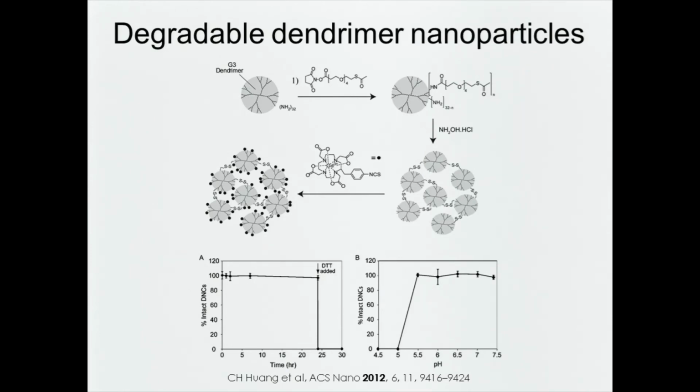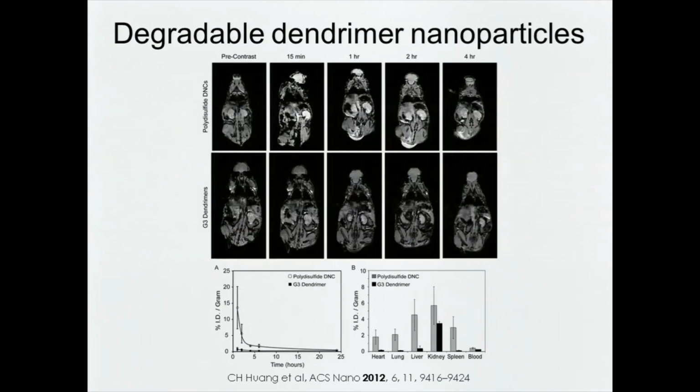So what they show here is these aggregates alone are stable, and then when you add a dithiothreitol reducing agent that breaks these disulfide linkages, it breaks up these particles, and also as pH is reduced, that also breaks these linkages. And here are some data where these are MR images before and then after injection.